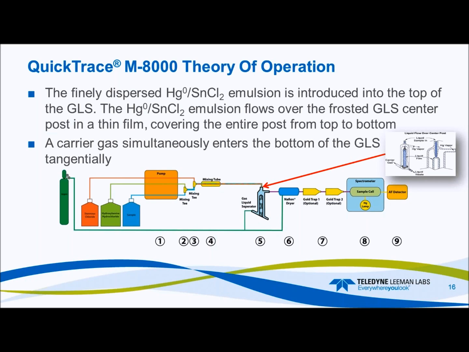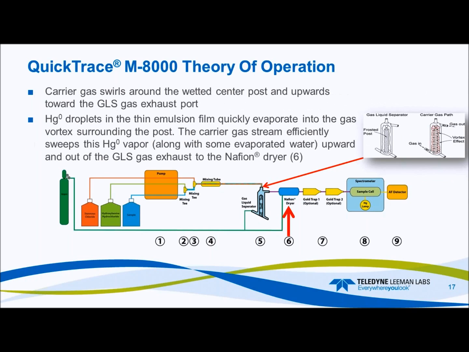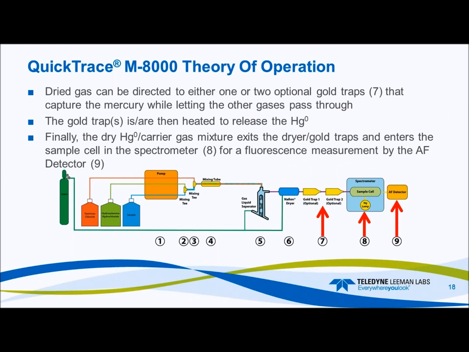At this point, it flows tangentially up and around the center post, and it very easily sweeps the reduced mercury off to the Nafion dryer, and then either directly to the detector for straight atomic fluorescence and/or to the gold trap for amalgamation or enrichment. So it's a very efficient system, and it's very fast.